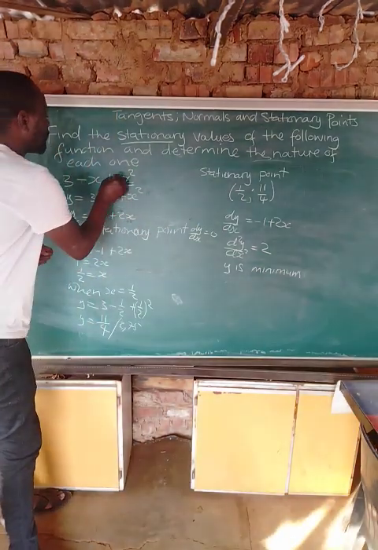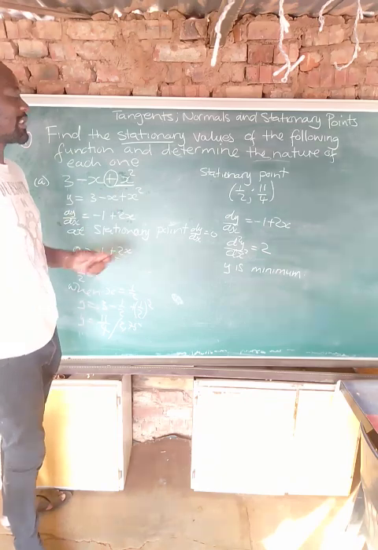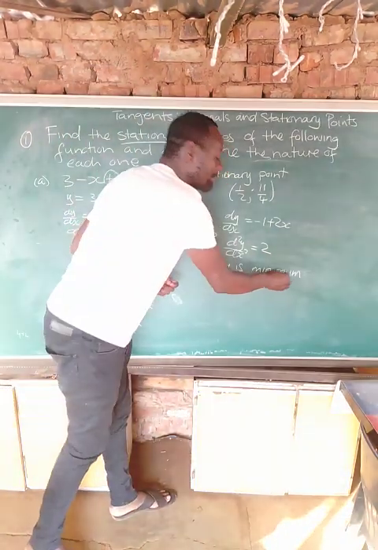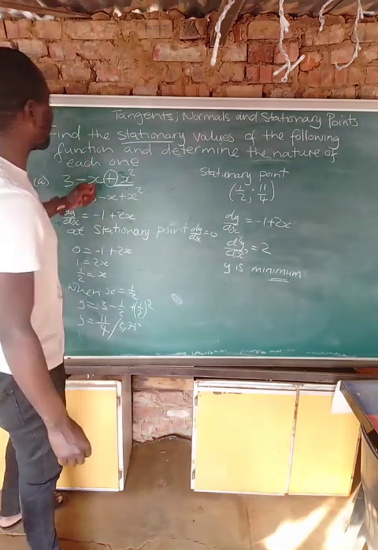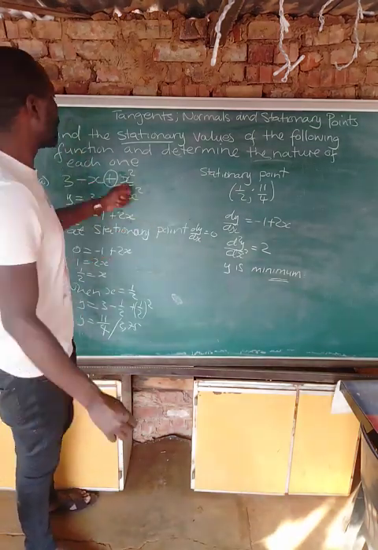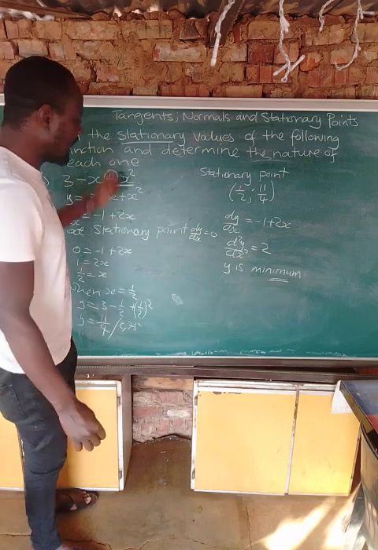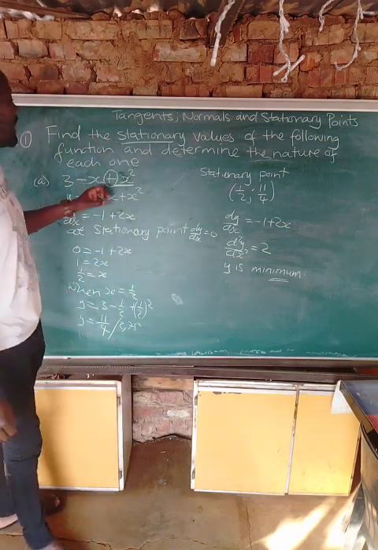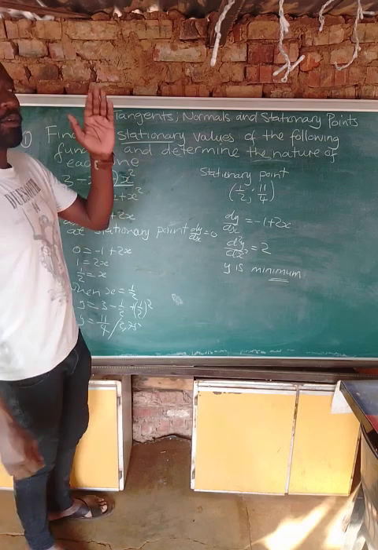Whenever the coefficient of x squared is positive, know that y has got a minimum value. Whenever the coefficient of x squared is negative, know that y has got a maximum value.